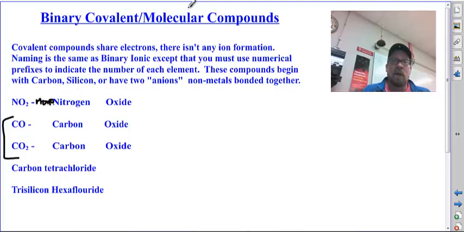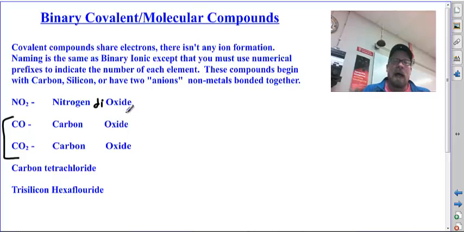While I would say mono with the first term, I actually don't have to. I would have to use every other prefix, but I never have to say mono on the first one. On the second element, I always have to use the prefix, whether it's mono, di, tri, whatever. This is two oxygens, so this is actually nitrogen dioxide.